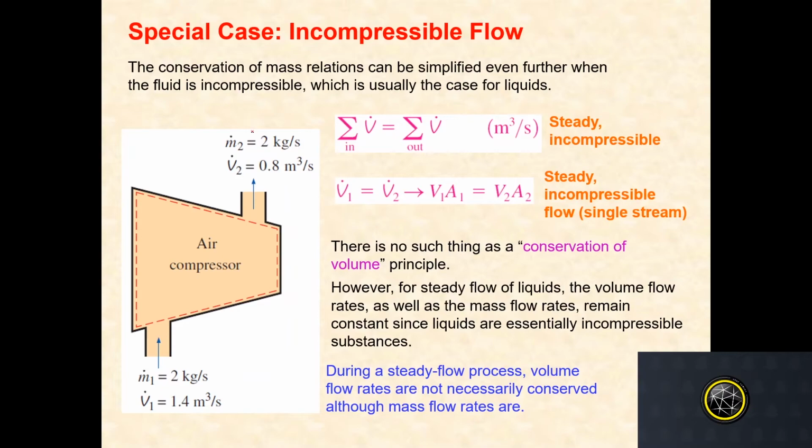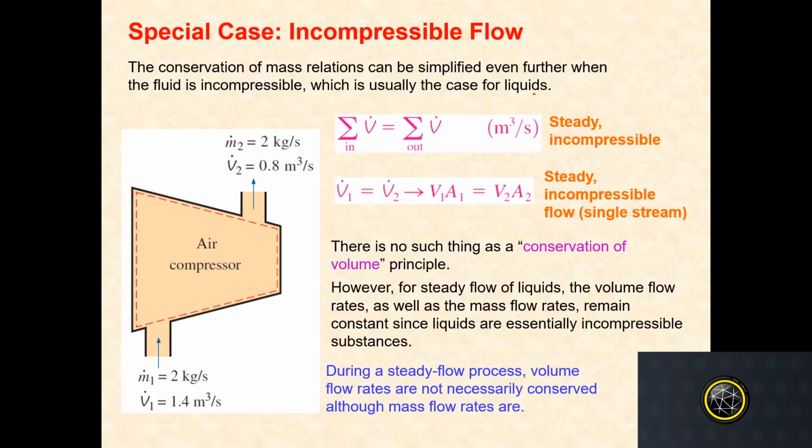This is a special case, which is incompressible flow. As I mentioned previously, in fluid mechanics, most of the time we are going to deal with incompressible flow. When we talk about incompressible flow, you can see that the conservation of mass relation can be simplified even further when the fluid is incompressible, which is usually the case for liquids.